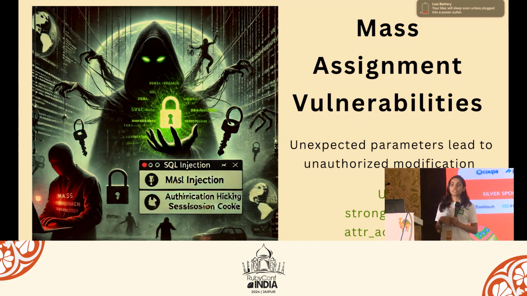If you want to update just one particular field, and your user sends multiple key value pairs, then if you directly use params, all of these fields can be updated, which is not what you really want. So here what you can do is use strong params, or you can use attr_accessible to prevent such issues.